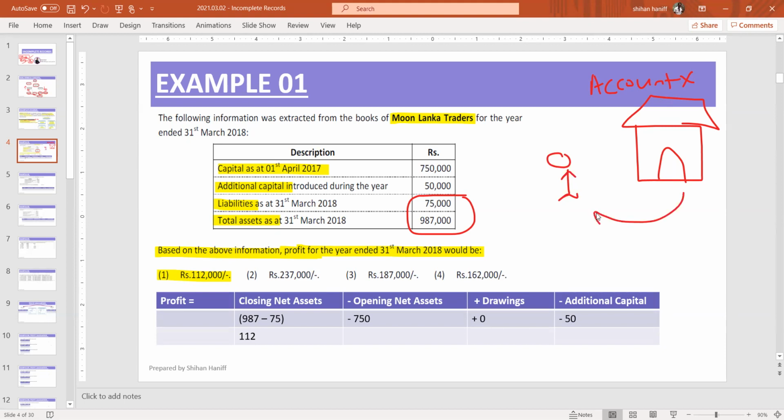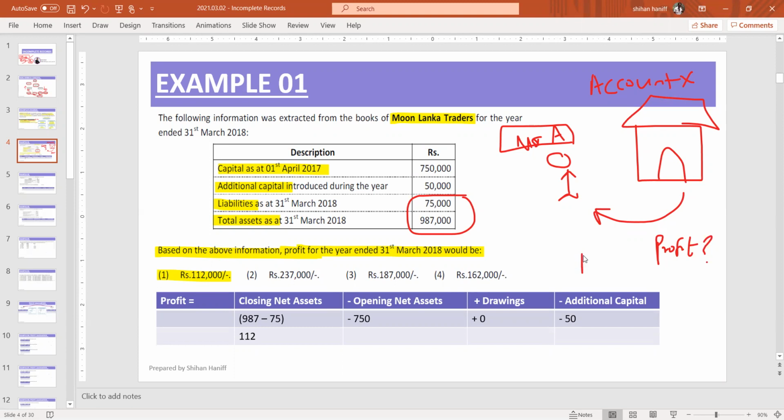So they come and tell you, Mr. or Mrs. or Miss, whatever, can you prepare the accounts? Can you find out my profit? How much is my profit for the year?